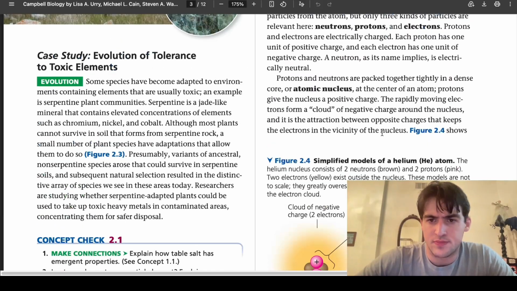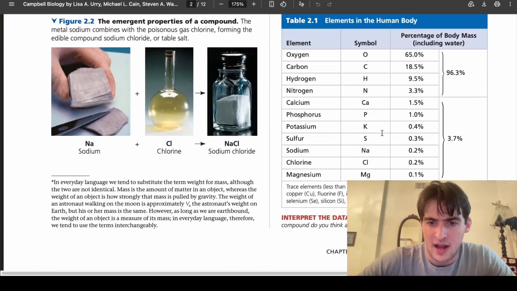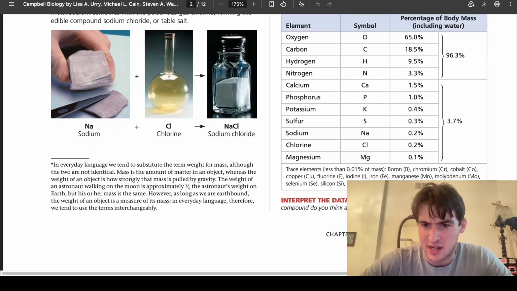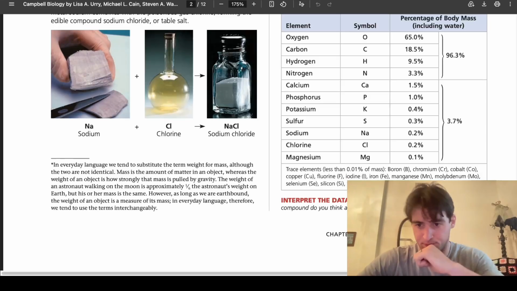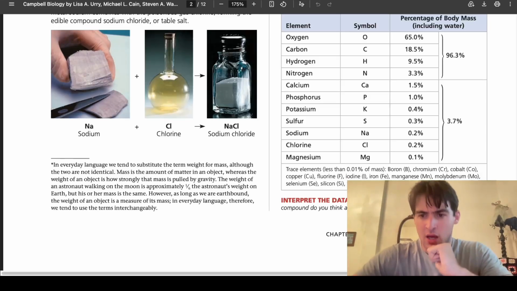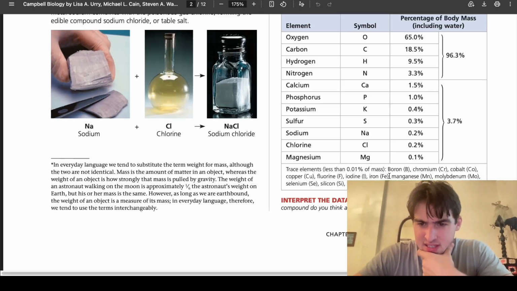Let's see. I think here it might have the answer. Trace elements are all these. So does it not say? I feel like for it to be in the concept check, it should say. Yeah, I feel like it's definitely essential because I know for a fact that a lot of these elements are essential to prevent certain diseases.